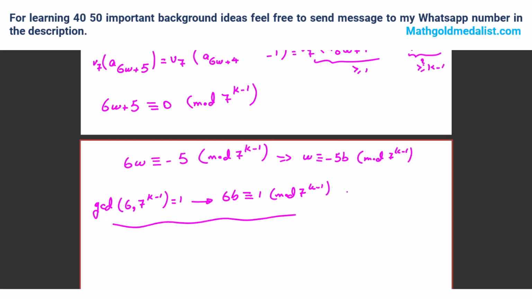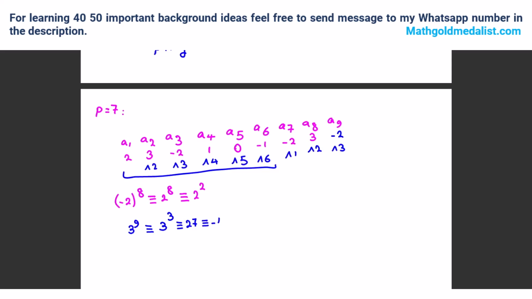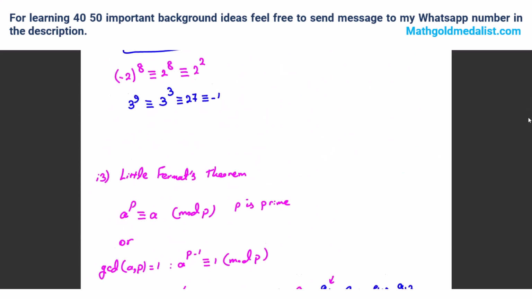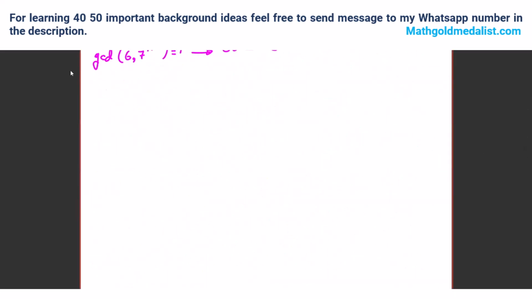And for this multiplicative inverse, I can prove it for you. Let me tell you the idea. Suppose GCD of a and b is 1, then there exists x such that ax is 1 mod b. Okay, so x is the multiplicative inverse of a mod b.